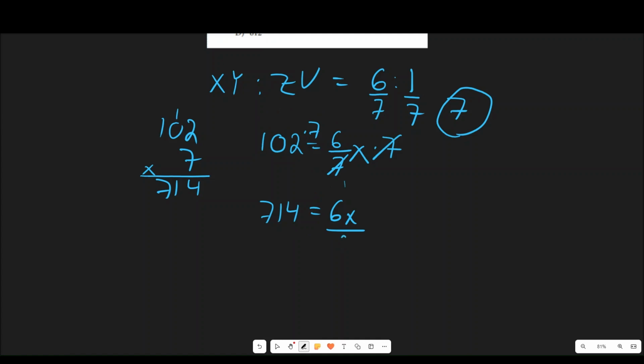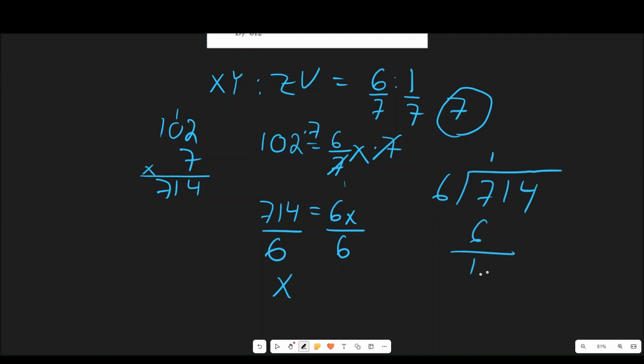But again, we're going to divide by 6. You can use your calculator. I like to always do math by hand, so I'm going to just write it out over here for your viewing pleasure. So we'll have 6 goes into 7 one time, and then we are left with 1 over, and then we bring that one down, that becomes 11. 6 goes into 11 also one time, so we will then have 5 left over, 4 goes down here, and then 6 times 9 is 54.